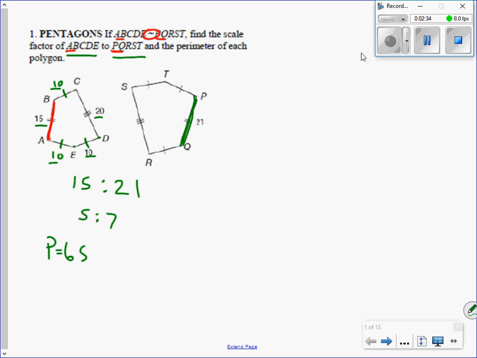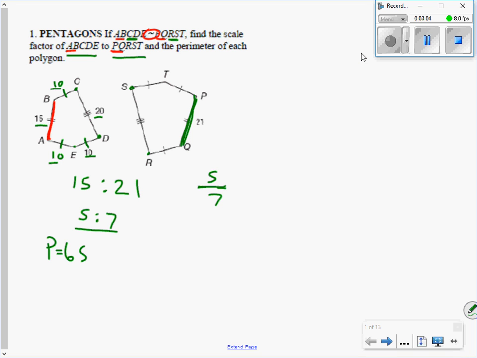Now remember, we're going to need our scale factor here. It's a scale factor of 5 to 7. So let's look at CD. CD and RS are corresponding. So if we have a scale factor of 5 to 7, and I know there's not much room on this paper, so you may need a piece of notebook paper to actually work these out on.